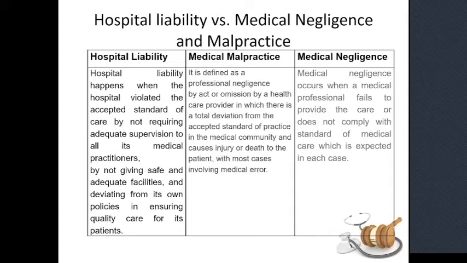So that's number four, duty, which is appropriate rules and policies that will ensure adequate care for the patients. When the hospital fails in any of these instances, that hospital now becomes liable for whatever injury or death is a consequence of the failure to live up to its duty as a hospital.